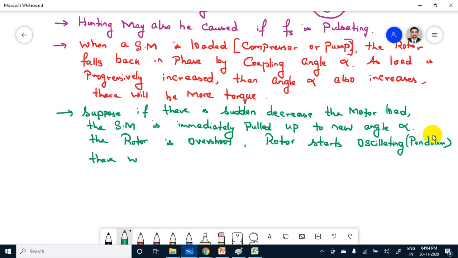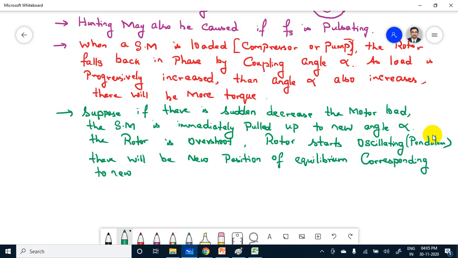There will be a new position of equilibrium value corresponding to the new load.